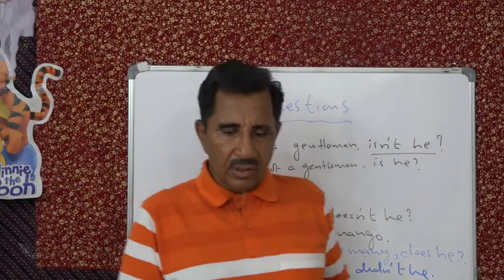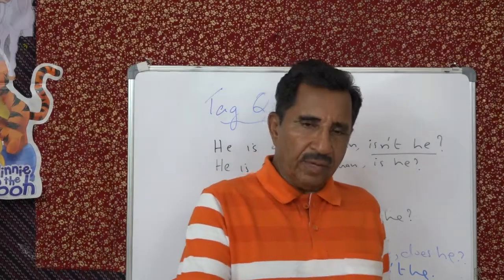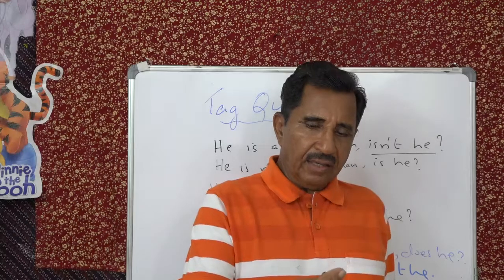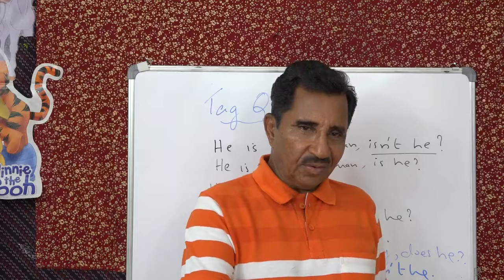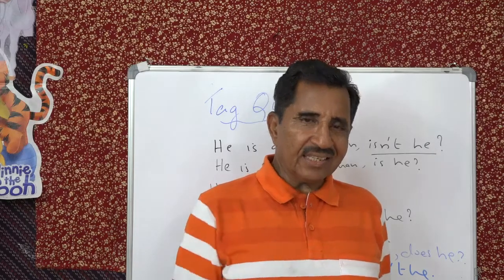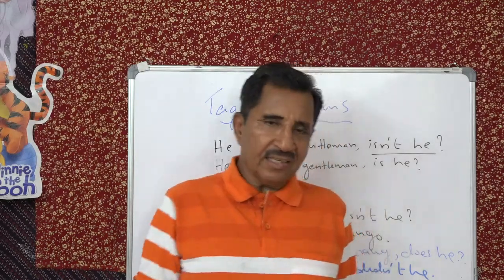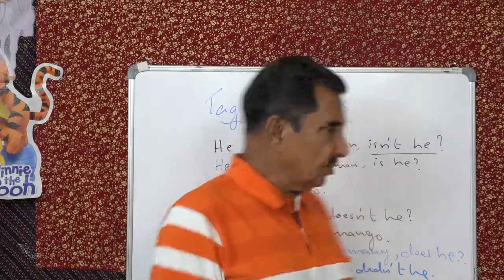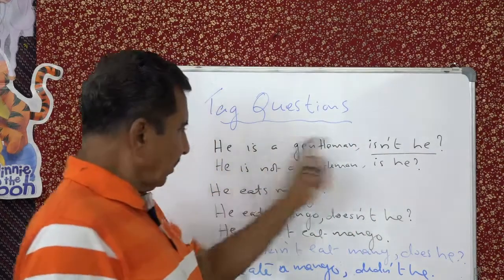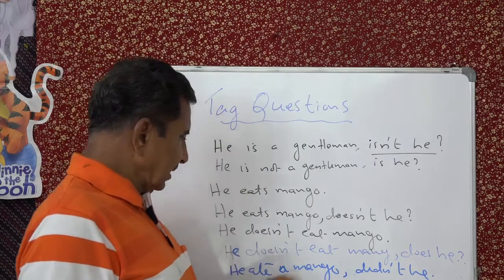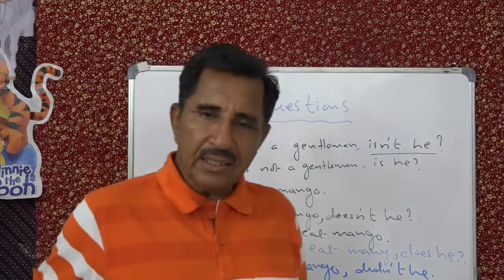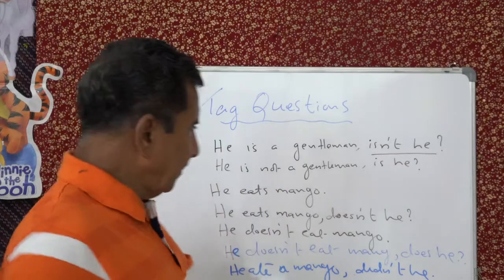If it is an auxiliary, is, am, are, was, were, has, have, had, then shall, will, can, could, may, might, etc., you repeat that in the tag. See that? As we have seen here, is is repeated. And you can see for other verbs, eats, etc., you use do, does according to the number and the person.